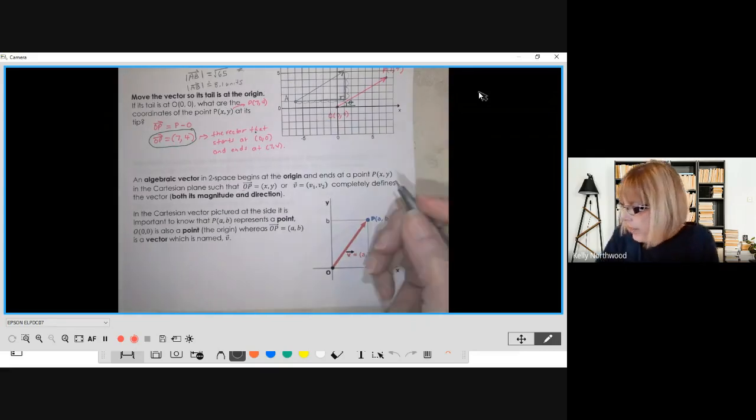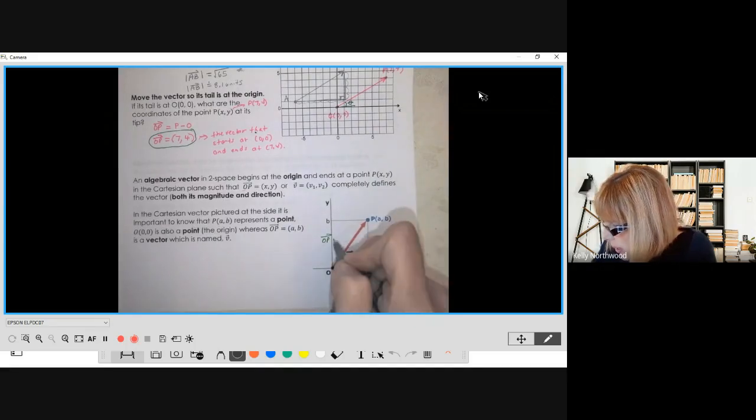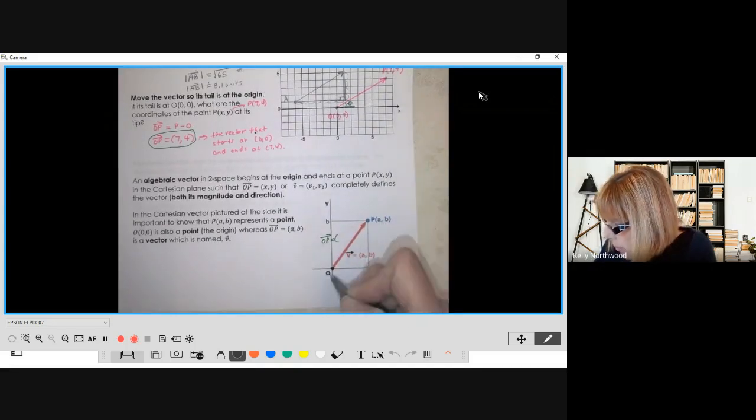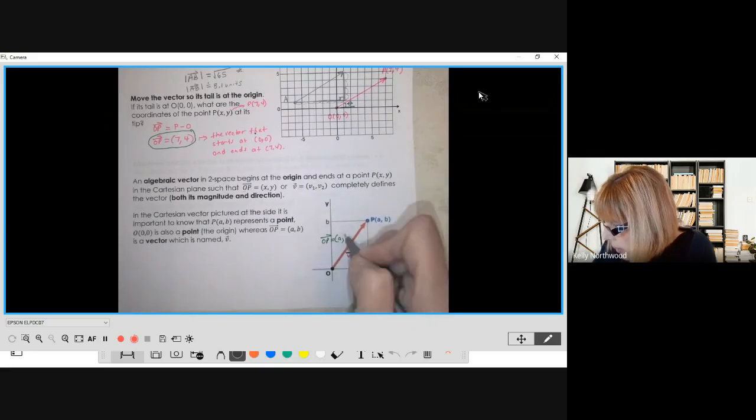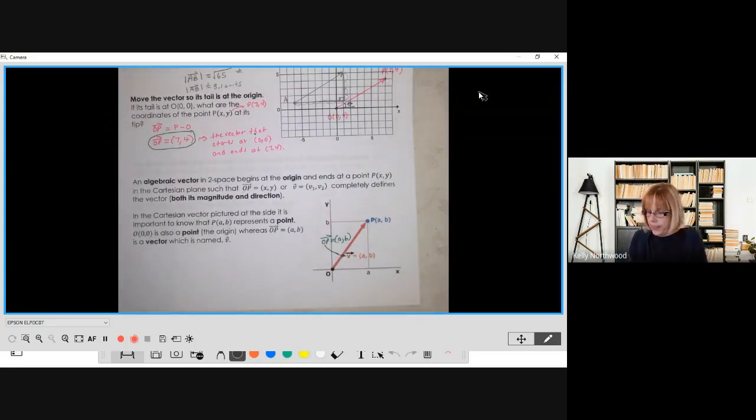So in other words, we could have vector OP from O to P, and that's going to be a minus 0, which is a, b minus 0, which is b, or we could call that same vector, vector v, which is ⟨a, b⟩.